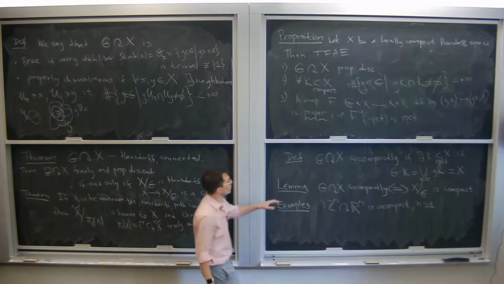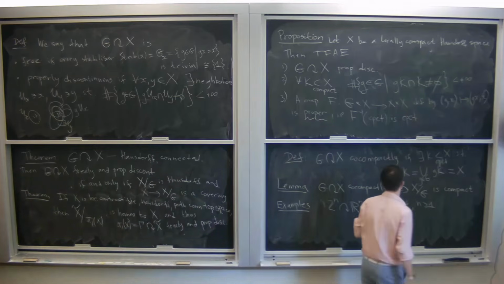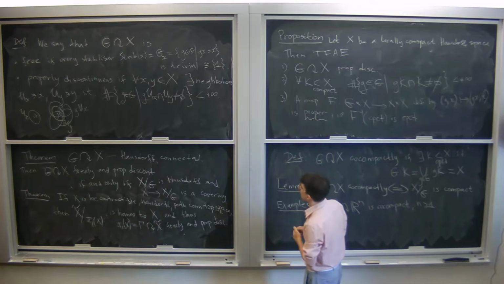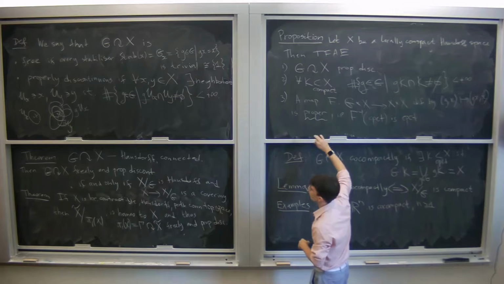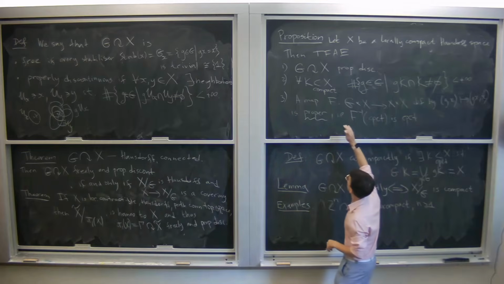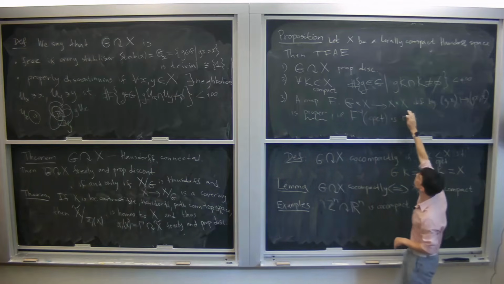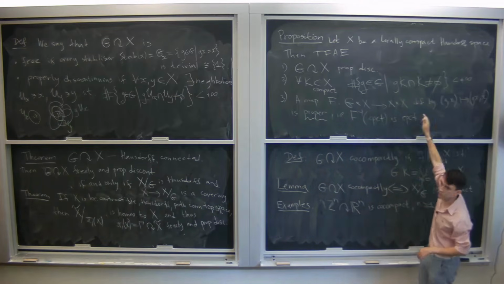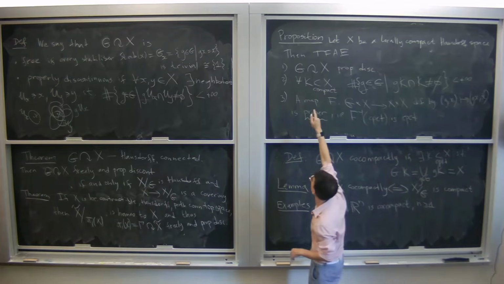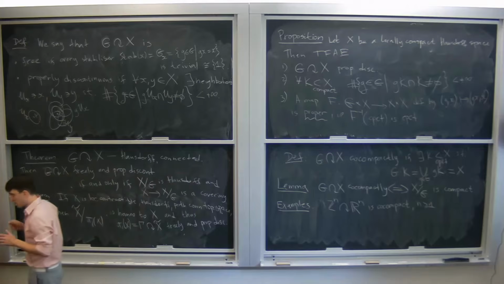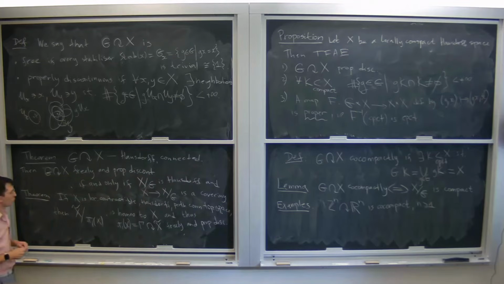Most of our spaces are pretty nice. For basically all our spaces, our manifolds, this proposition holds. So a properly discontinuous action indeed means that, for every compact set, we have condition 2 in this proposition.